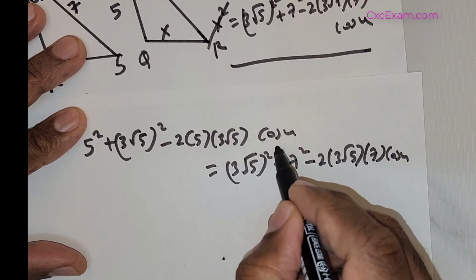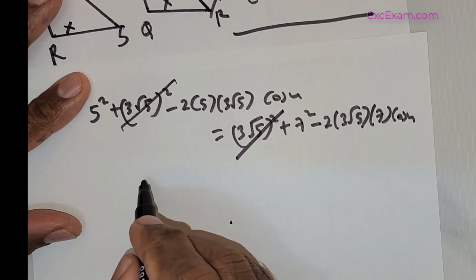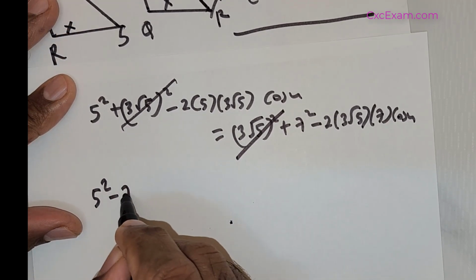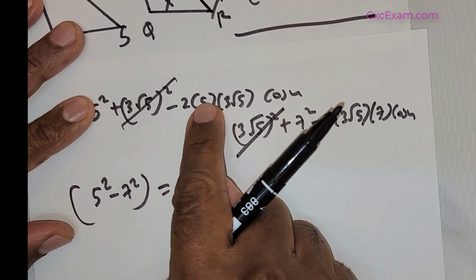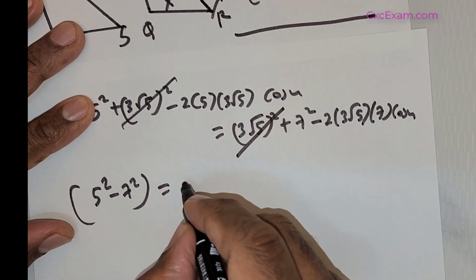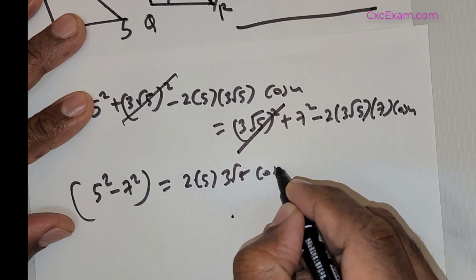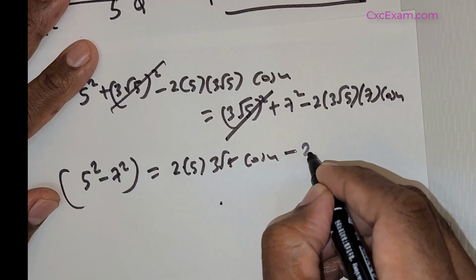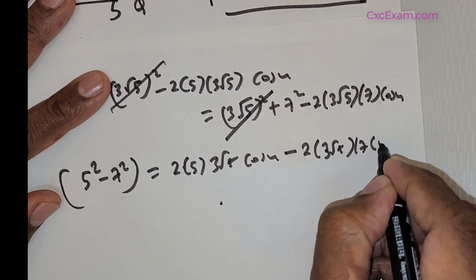Can we cancel? We can cancel this with this, and you have 5 squared. I'm going to push the 7 squared to this side, and I will bring this 2 times 5 times 3 times the root of 5 times cos u negative 2 times 3 times root of 5 times 7 times cos u.